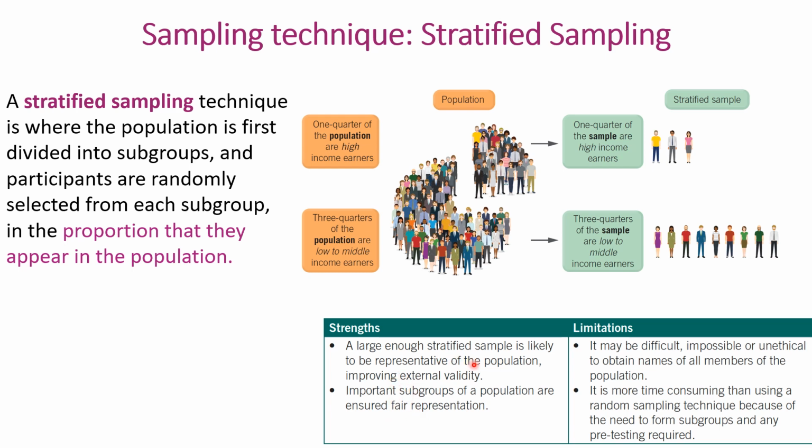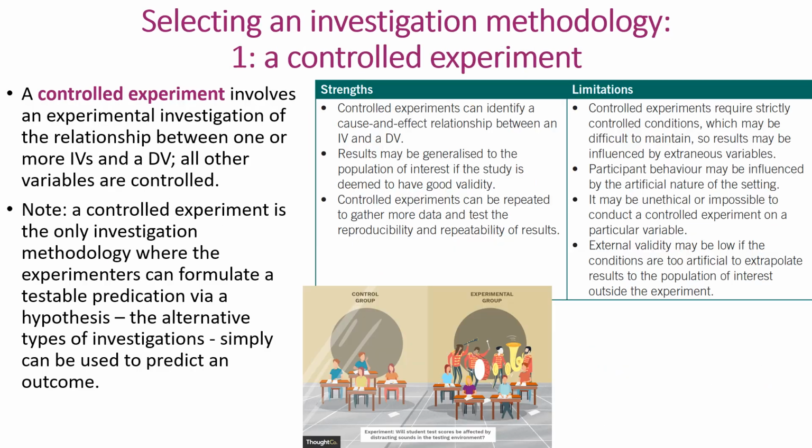So the advantage of that is we get a representative sample. All our minority groups are represented in the same proportions. The limitation is there's a time and cost involved in that stratifying process that makes it more costly and time consuming than if we just went with random sampling.